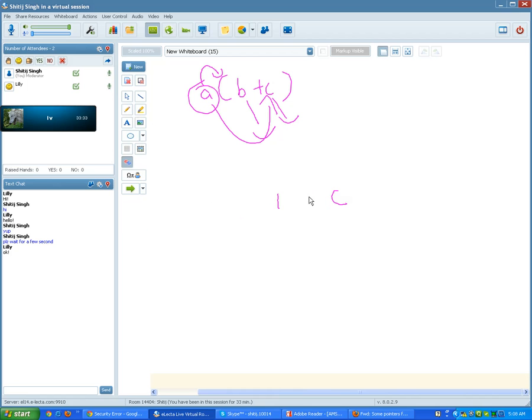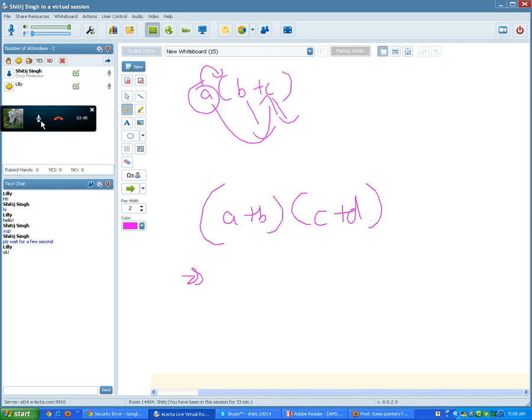So if it is like this, a plus b times c plus d, what will be the result? Right. So this is your mother and father both together, right?